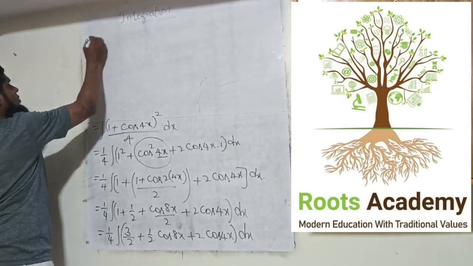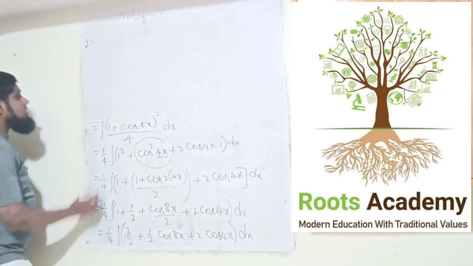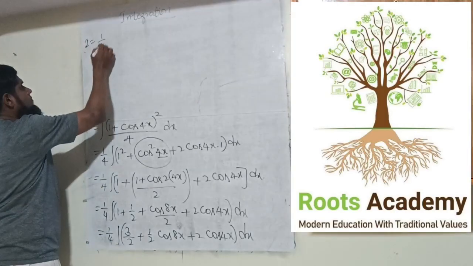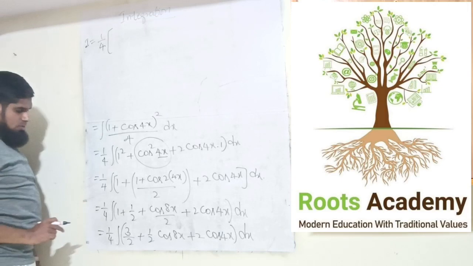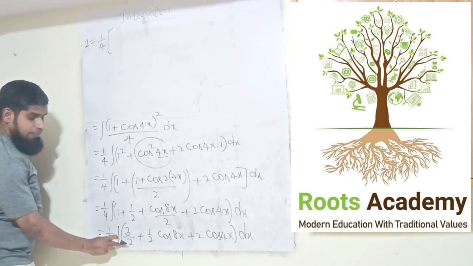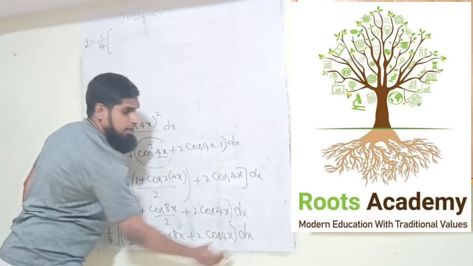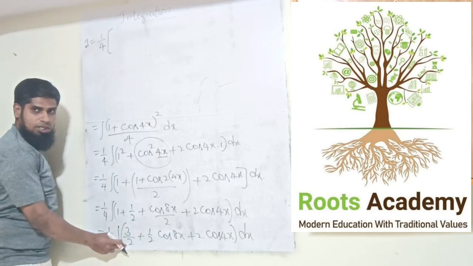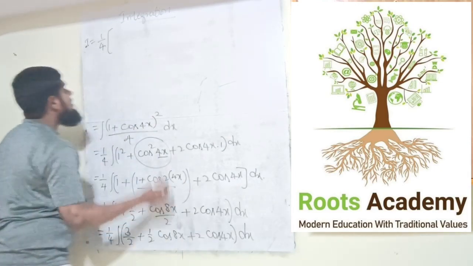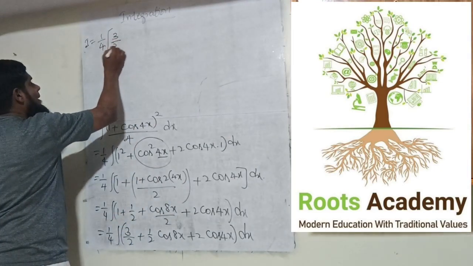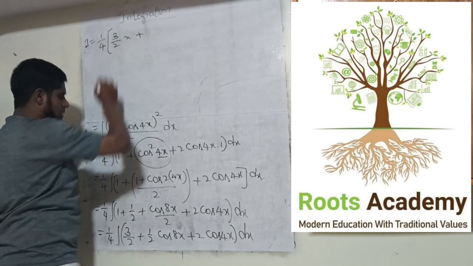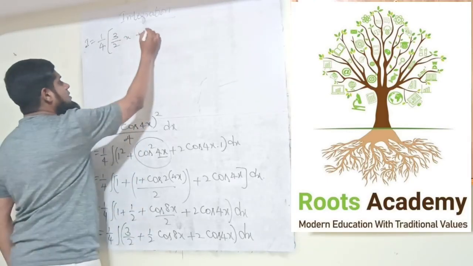So I is equals to 1 by 4 as it is multiplies to all the 3 terms. Now integration of 3 by 2 with respect to dx. 3 by 2 is constant, with respect to dx is constant into x. 3 by 2x plus 1 by 2 as it is.